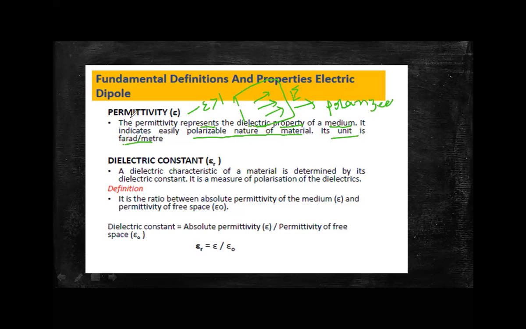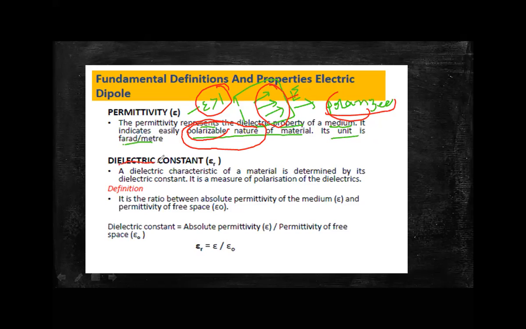Okay. So permittivity is the property of the material or medium. It indicates the polarizable nature or capacity of the polarizable nature of the material. If this is greater than 1, we can say that the material is electrically polarized, highly polarized. That means all the dipoles are aligned in the field direction.